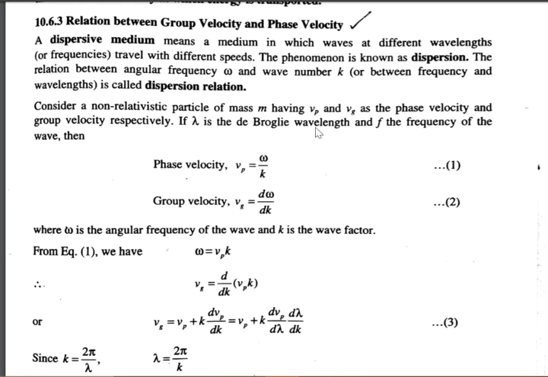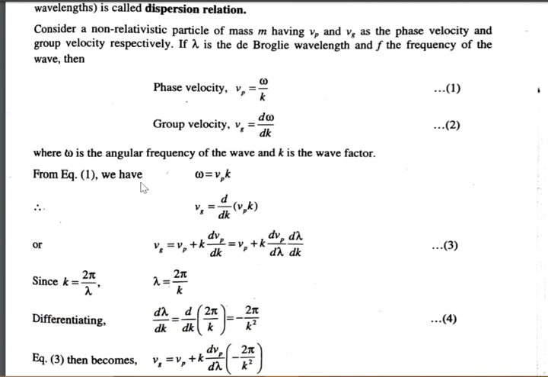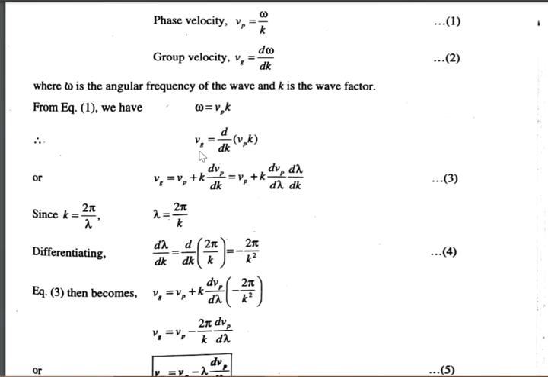If λ is the de Broglie wavelength and f is the frequency of the wave, then we can write phase velocity Vp as ω by k, from previous discussion. Group velocity Vg is dω by dk, where ω is angular frequency of the wave and k is wave vector. From equation 1, we can write ω as Vp into k.